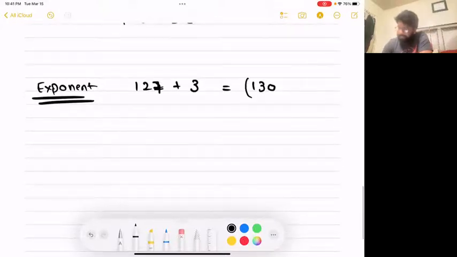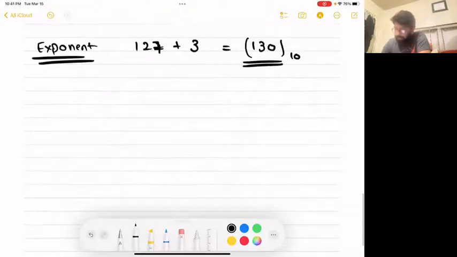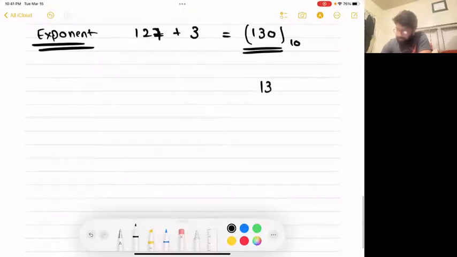All right, this 130 is in decimal, and we're gonna convert that to binary. So we can do that easily, right? You know what? I'm not gonna waste your time doing that because I know you guys can do it. So I'll just write it down for you.